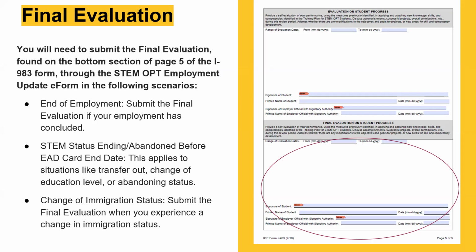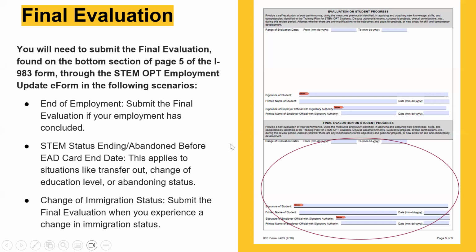Maybe you're transferring to a new institution, starting a new degree. Maybe you're changing your education level. You're staying here with ASU, but maybe you're in a master's and you're starting a PhD. Or maybe you've decided that you want to return to your home country, for example, and you're just not using the remainder of your STEM. Still, under any circumstance where your STEM is going to be coming to an end, no matter what the situation is, just prior to the end of your EAD card, you still do need a final evaluation.